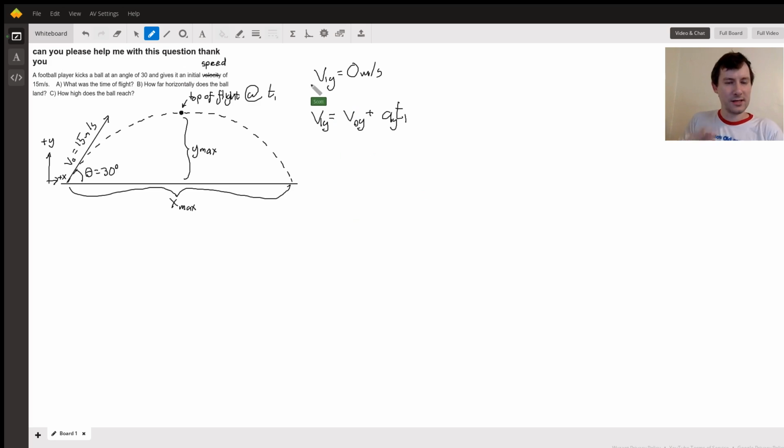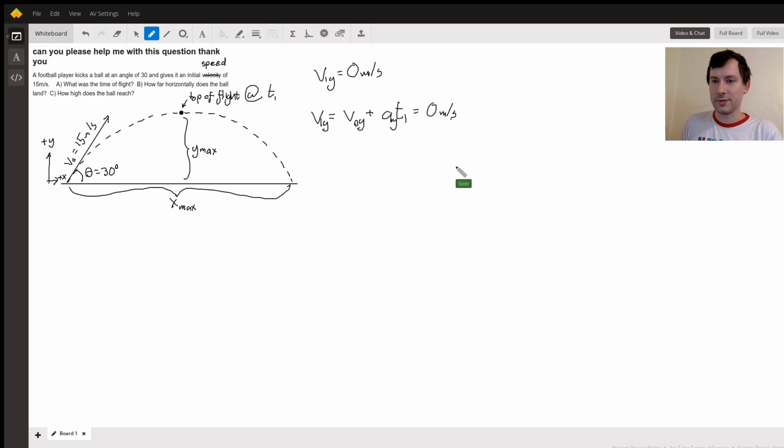By reasoning about how projectile motion works, we know that at t1, by the way this problem is constructed, the y component of that ball's velocity is 0. So v1y at t1 is equal to 0 meters per second.